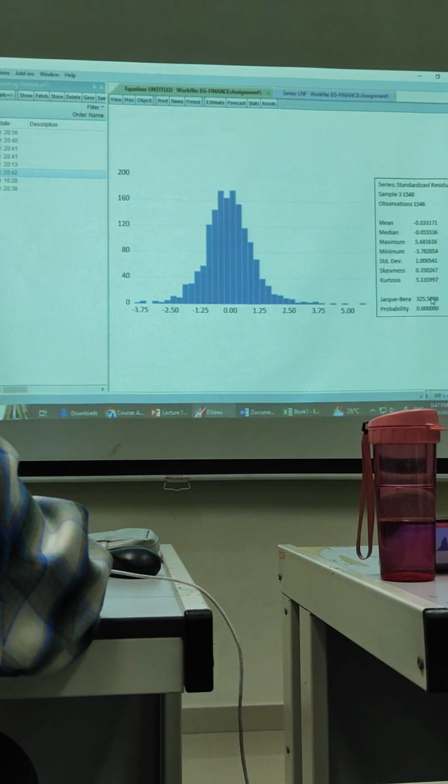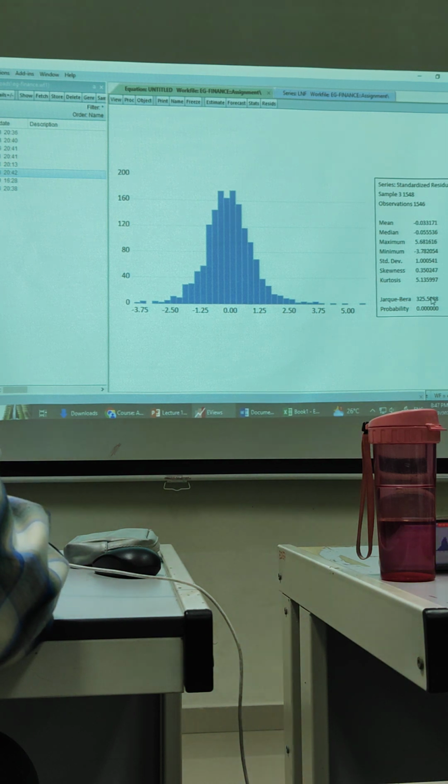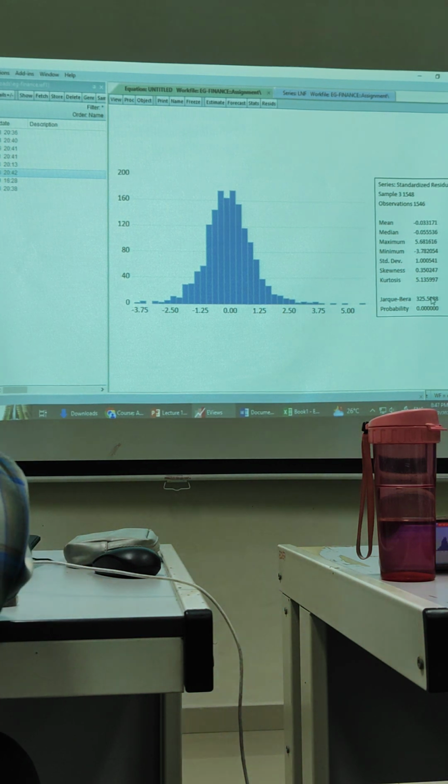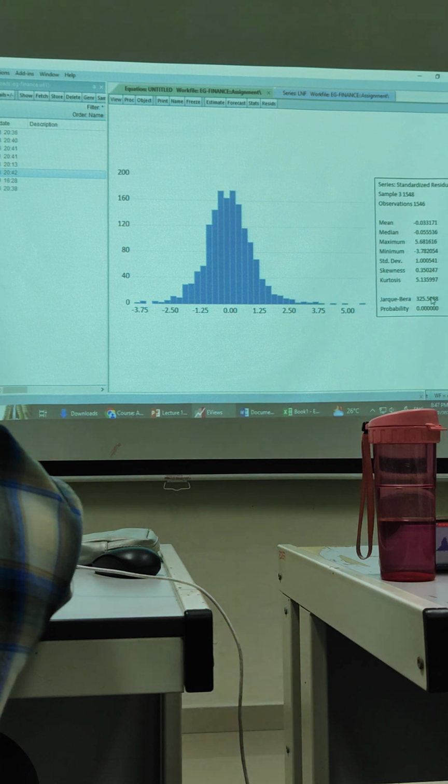But now what I can say is that when you deal with high frequency data, even though your model has already gotten rid of the autocorrelation and heteroscedasticity, normality sometimes still cannot pass, because we are dealing with very high frequency data.